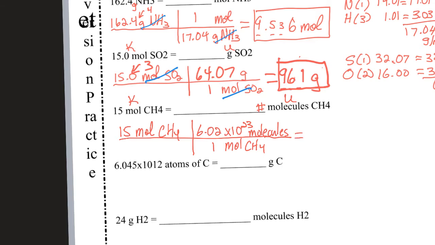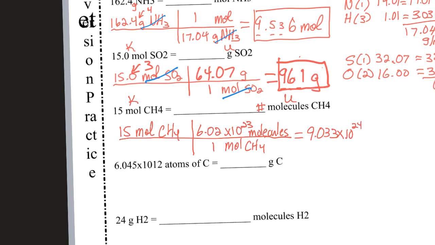I'm ready to calculate. In this problem, I don't need to grab the periodic table. I don't need to do any calculating because I'm not using grams at all. If grams is not in your problem, you don't need to grab the periodic table in these conversions. So to do the math on this, I'm going to do 15 times 6.02 times 10 to the 23rd, and that's going to give me a number of 9.033 times 10 to the 24th.